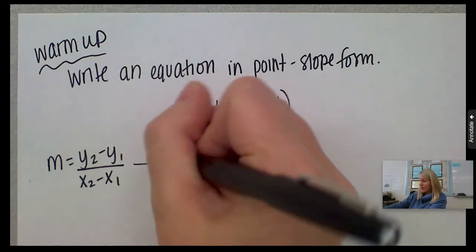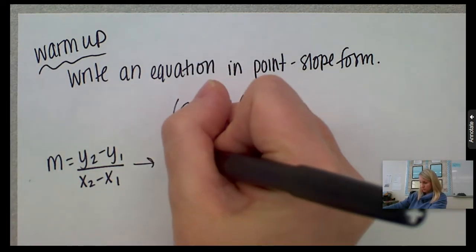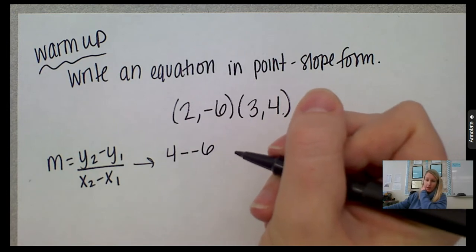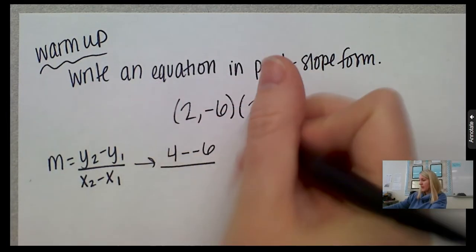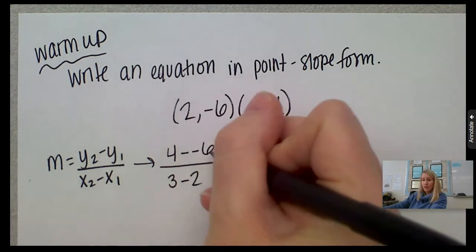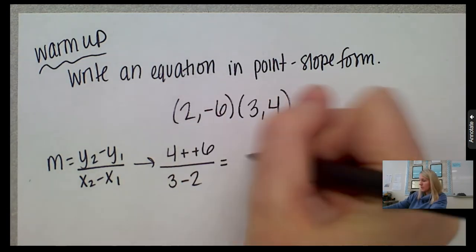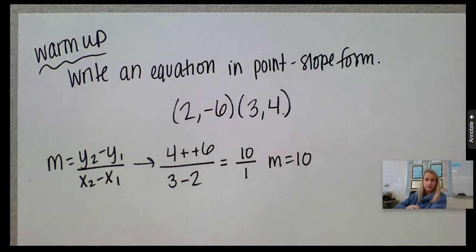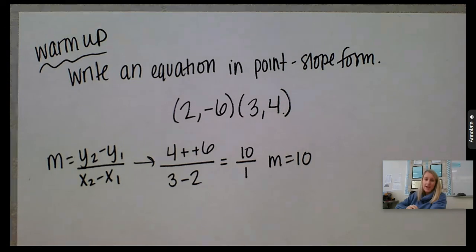So I'm going to do y2 minus y1. If you want to write a double negative as a positive, go for it. Over x2 minus x1. Once again, we are going to add the top, keep, change. That gives me 10 over 1, for a slope of 10. Beautiful.